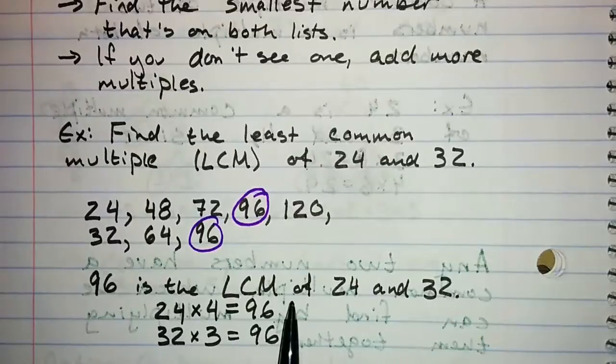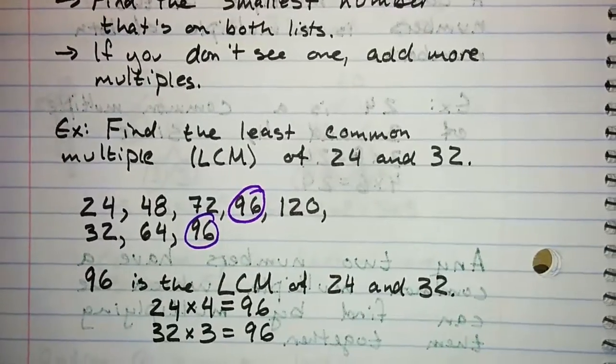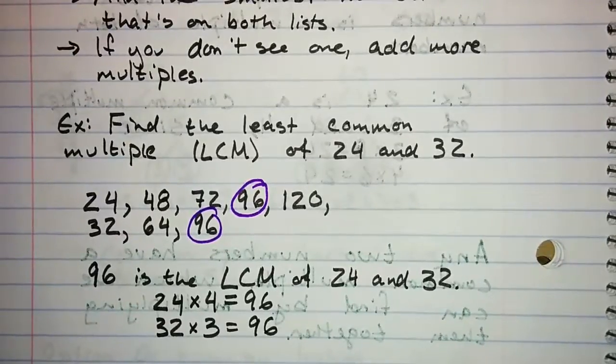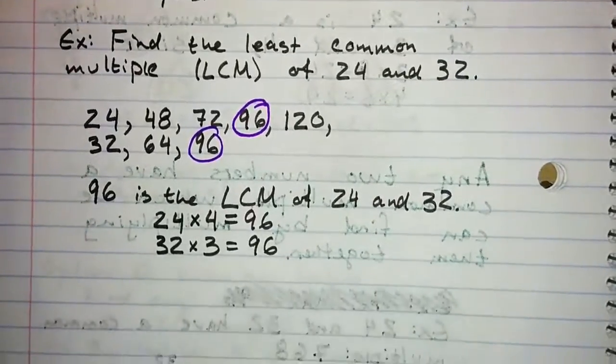So we know that it's the least common multiple, and we can say exactly how. By the way, notice 4 and 3, no common factors. That's always going to happen if we really truly have the least common multiple.